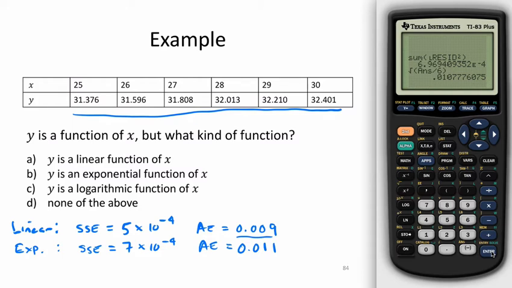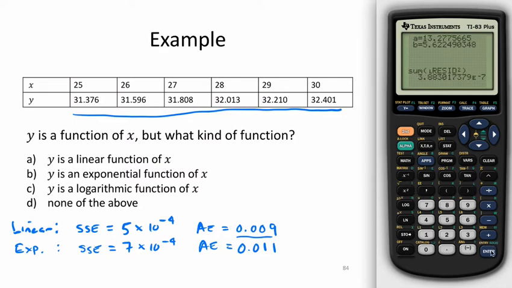So let's try logarithmic. Stat, calc, LnReg, logarithmic regression, with inputs in L1, outputs in L2, storing the regression equation in Y1. There's the best fitting logarithmic model, and the built-in residuals, the errors squared.